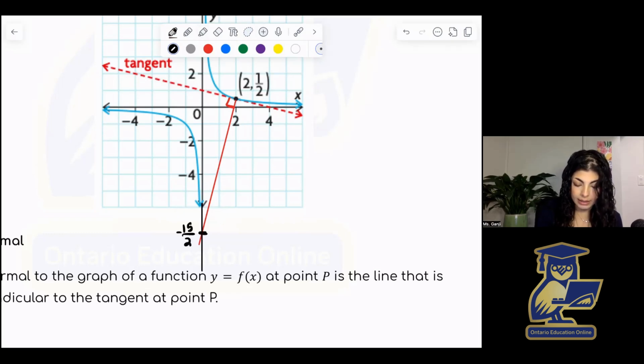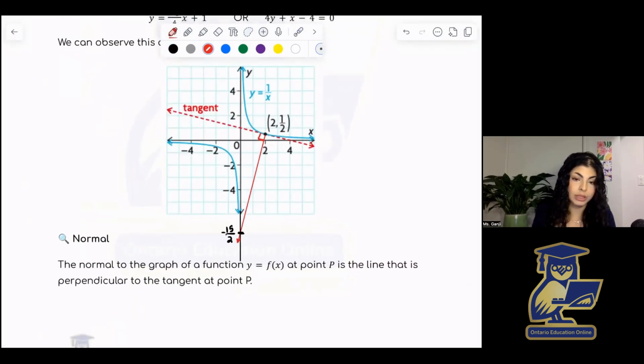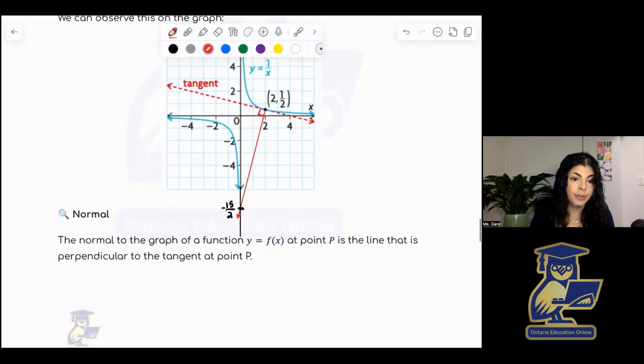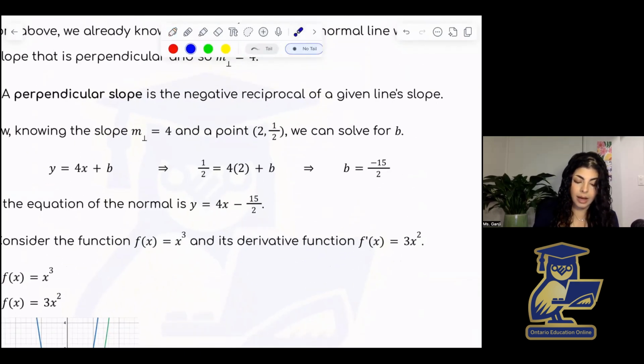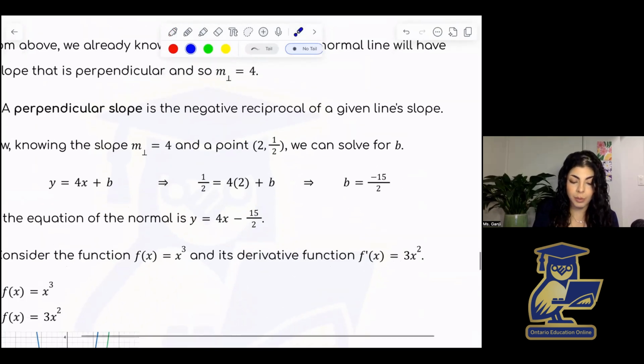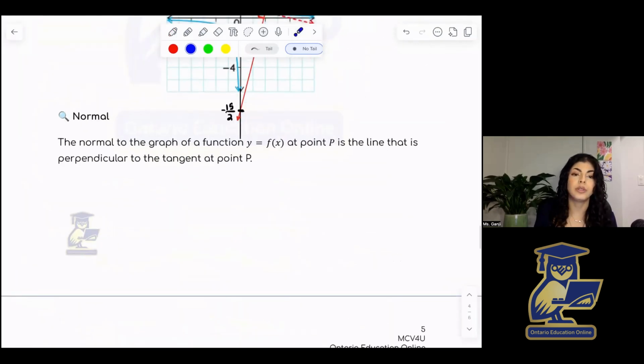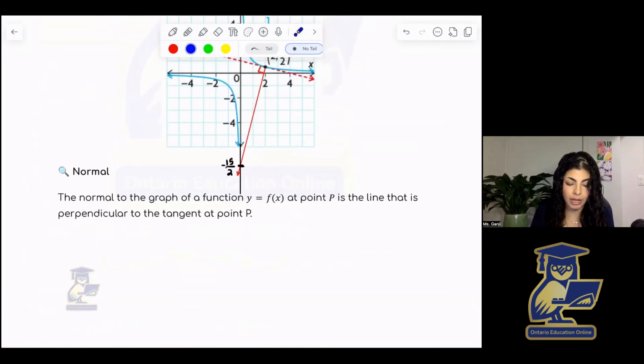And you can see this has a rise over run of 4, so it's increasing, and we go 4 up and 1 over, and approximately this is what that normal line would look like. And of course, it is perpendicular to the tangent. You can always graph this for yourself, as well as these two, just to see it a little better on Desmos. But approximately that's what it should look like.